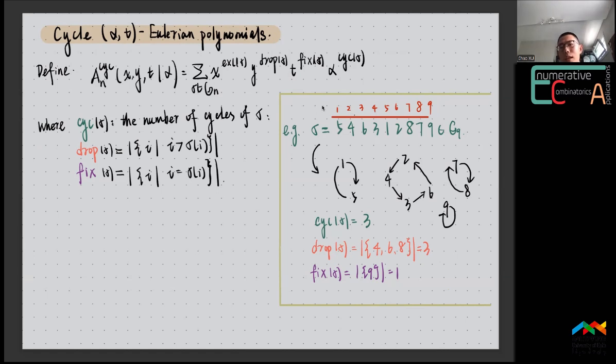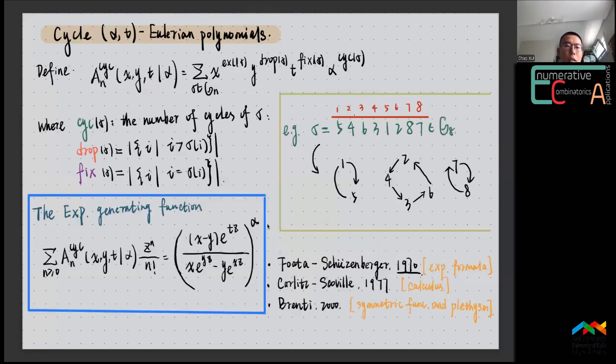The cycle number is obtained by writing the permutation in cycle notation; in this example, the permutation factorizes into four cycles. A drop is an index i greater than sigma i; in this example the drops are 4, 6, and 8, and the fixed point is just 9.